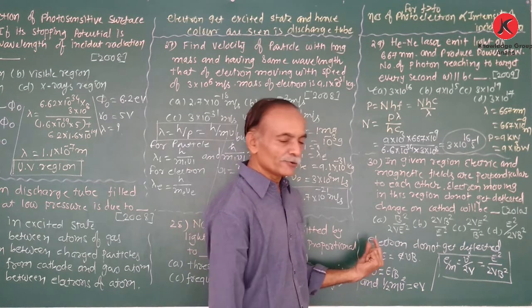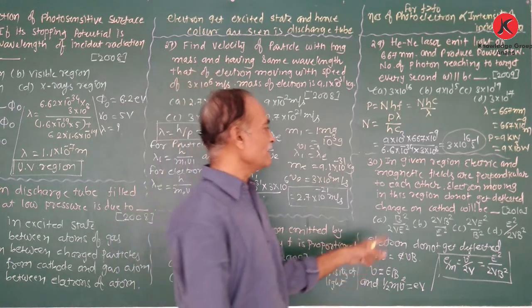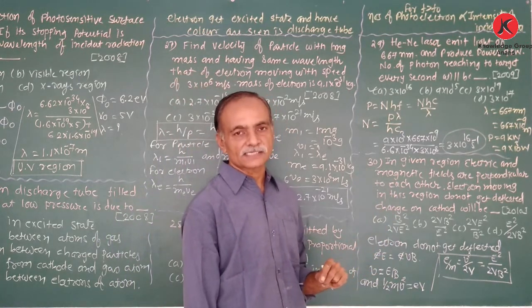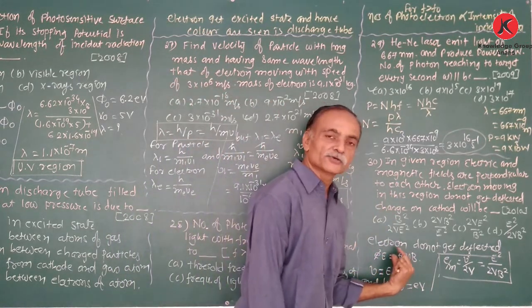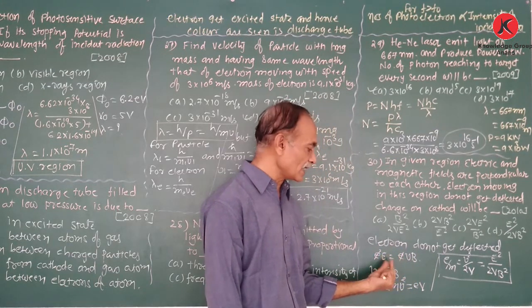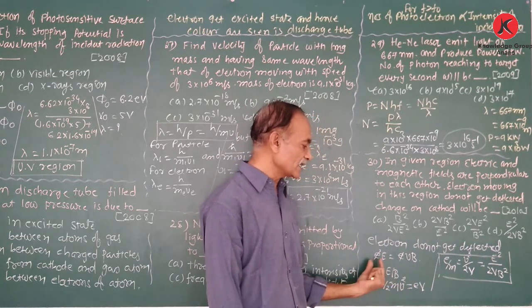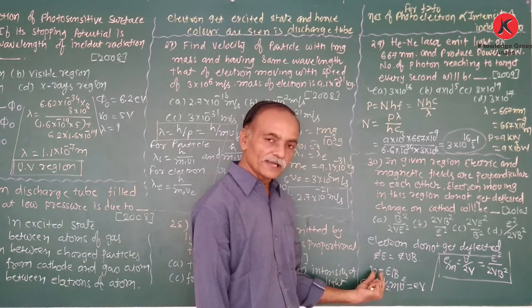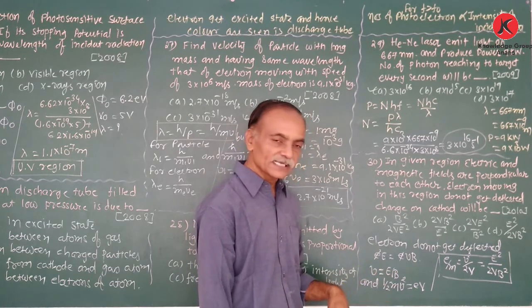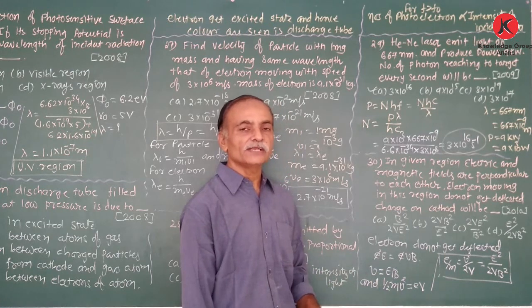Again, here the electron does not get deflected in the region in which the electric and magnetic fields are perpendicular to each other. Therefore, the force due to the electric field and force due to the magnetic field on the electron are the same. Therefore, eE is equal to BeV, e cancels. Therefore, the speed of the electron in both regions is E upon B. And also, the kinetic energy is equal to eV.